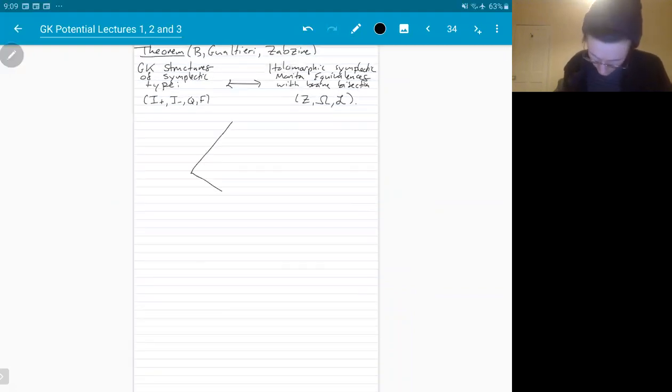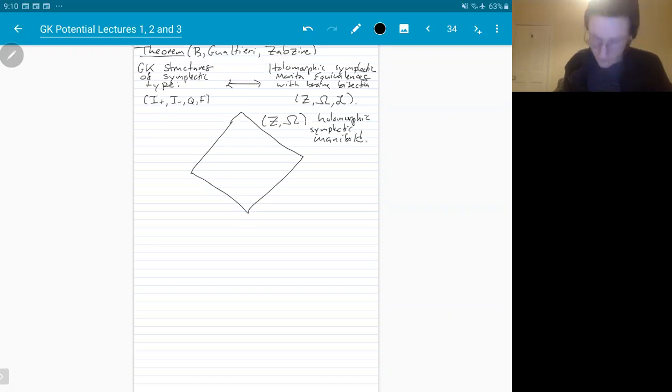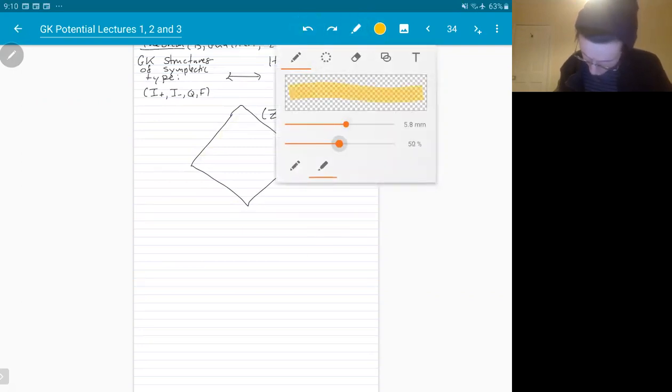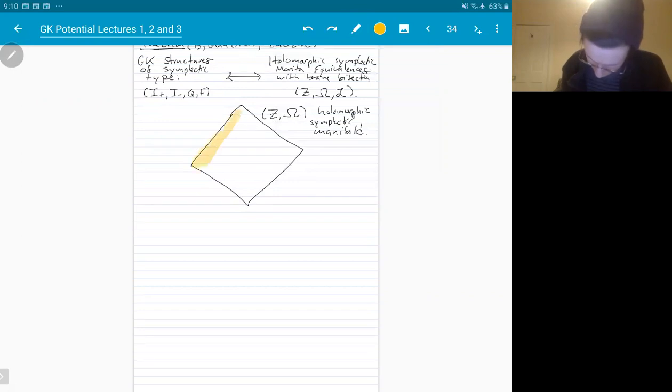The picture that I like to have in mind is the following. We have this big space here, Z with omega, which is a holomorphic symplectic manifold. Here's a picture of it.